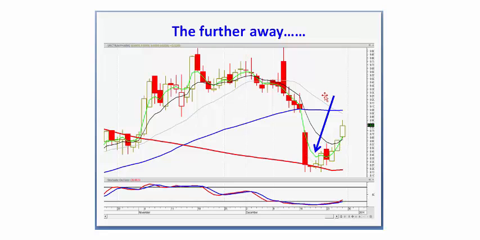And the caveat is the further away you move from the T line, the higher the probability it's going to come back up and test it. So if you see candlestick buy signals well away from the T line, at least you know there's going to be a bounce back up to the T line, and then you've got some simple decisions. You see whether it goes through the T line and you're back in an uptrend, or if it fails here at the T line, you close out the position.